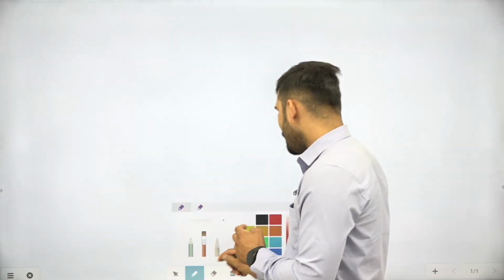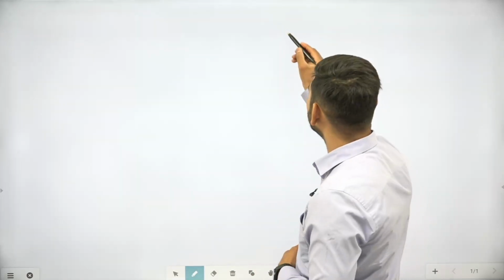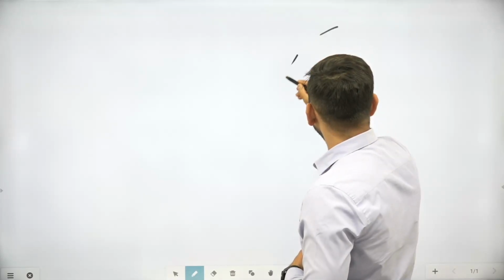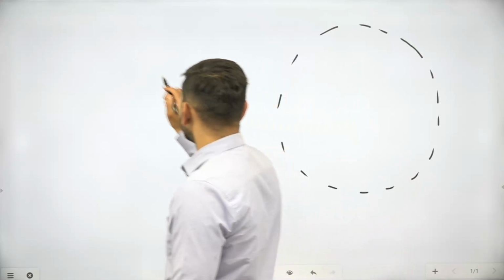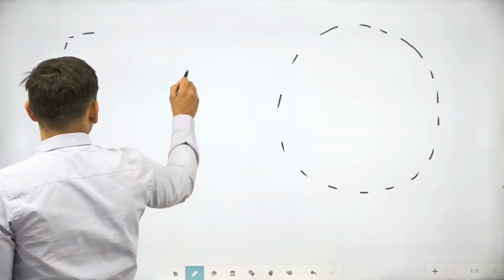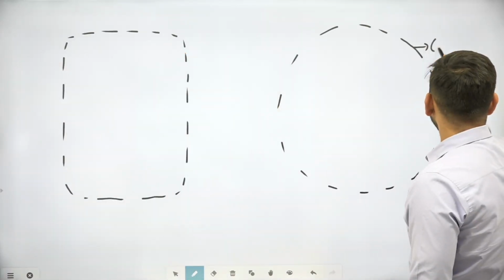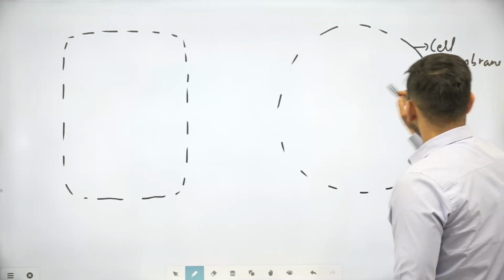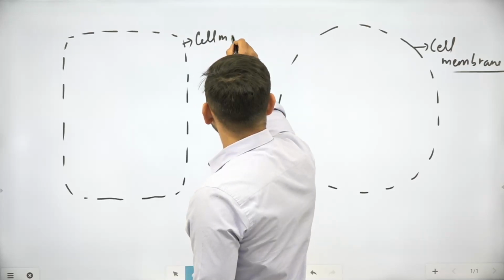Let's talk about a diagram of a cell. Cells can be of different shapes. I'm taking an example of a living thing's cell, like an animal cell, and I'll also be taking a plant cell. For example, this is an animal cell, and this is a plant cell. The outer membrane of an animal cell is called the cell membrane, and the same goes for the plant cell.